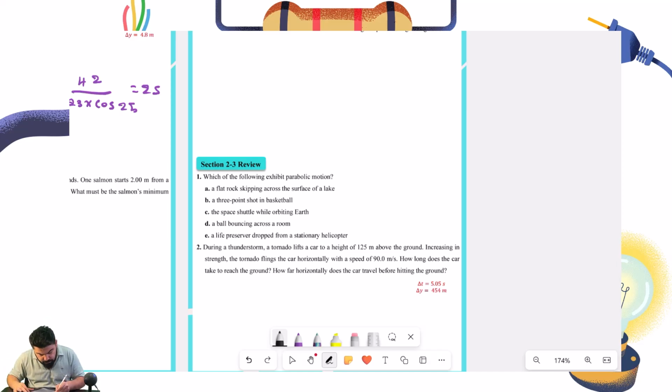So do I have projectile motion? Yes. A 3-point shot in a basketball, of course, when you throw the basketball, you have a projectile motion. The space shuttle while orbiting around the Earth? No. A ball bouncing across a room? Yes. A life preserver dropped from a stationary helicopter? No. So this is not projectile motion, be careful.